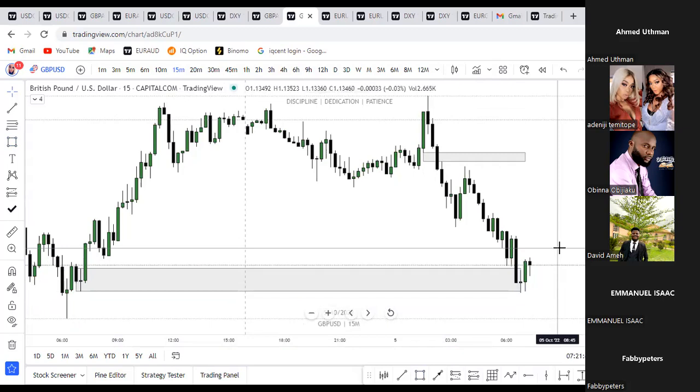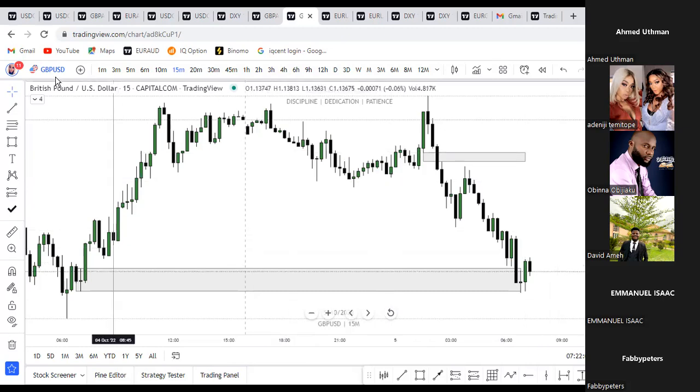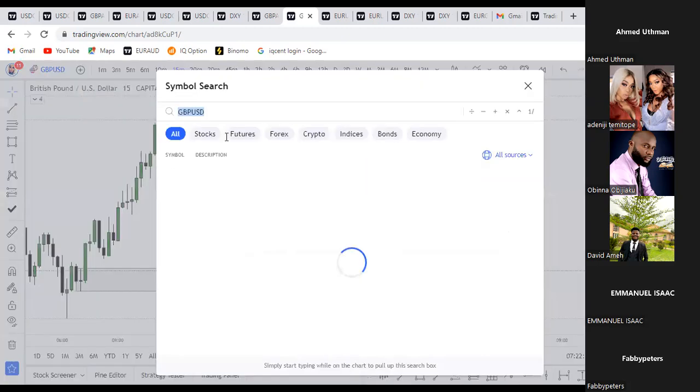This is so sad. Okay, it's forest.com I was using. Now let's go to forest.com. I think that was the broker I was using.